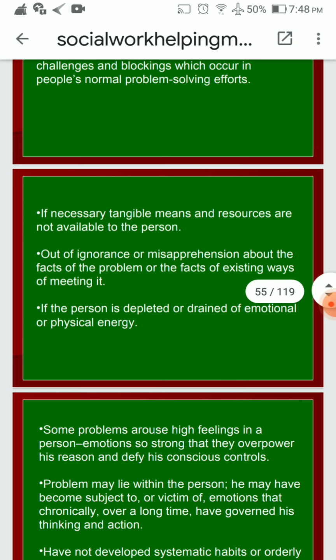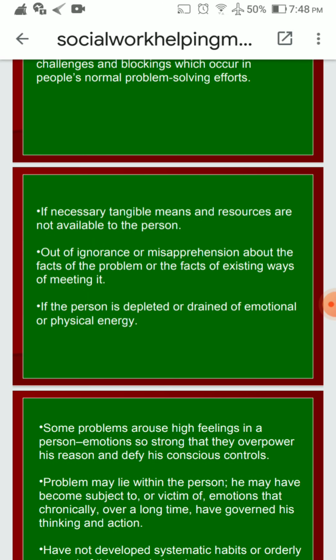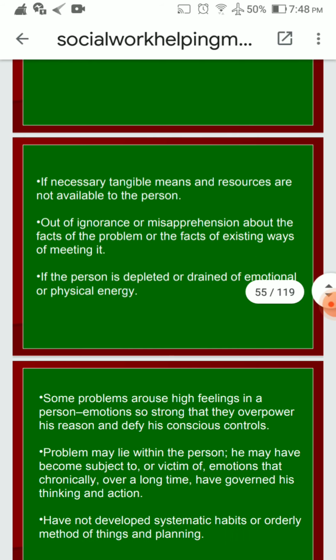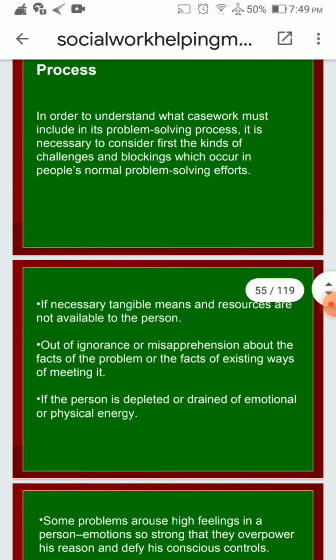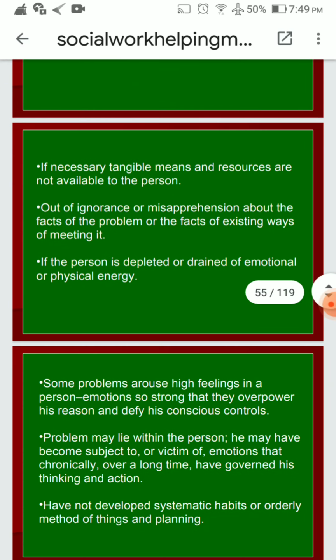If necessary tangible means and resources are not available to the person, we also need to distinguish the skills and talents of that client. Or out of ignorance or misapprehension about the facts of the problem or the facts of existing ways of meeting it. If the person is depleted or drained of emotional or physical energy, then we should also have a process for that.